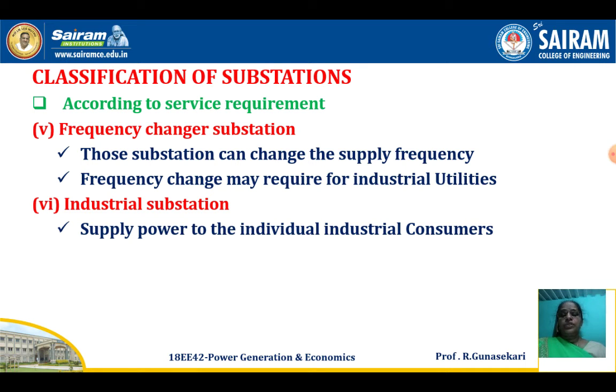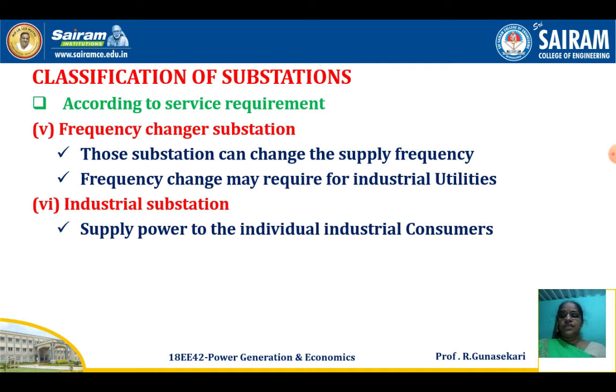Industries need different frequency ranges. For example, power electronic device industries need different frequencies. Therefore the frequency changer substation is used to change the frequency for industrial utilization purposes only.